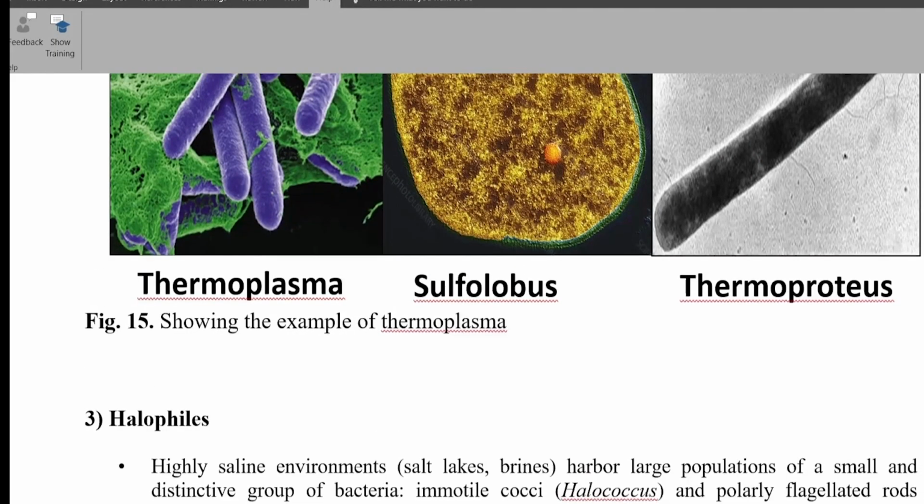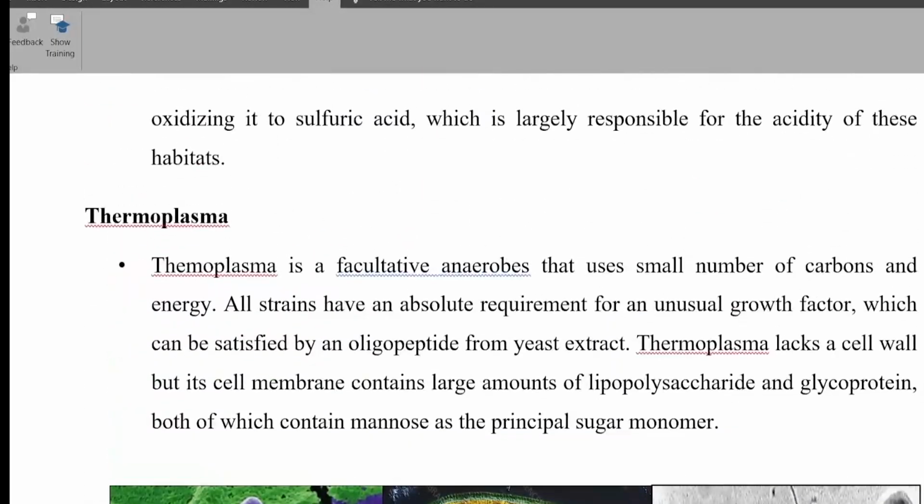Another group under this category is halophiles. Halophiles grow in highly saline environments like salt lakes or brines, which harbor a large population of a small and distinctive group of bacteria, which are immotile cocci, or Halococcus.